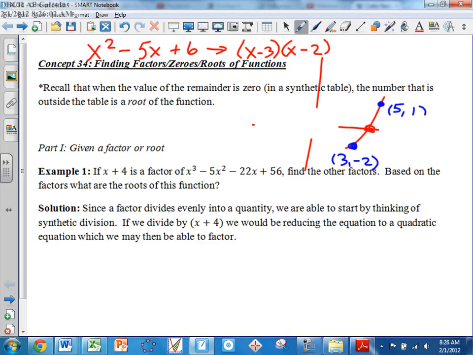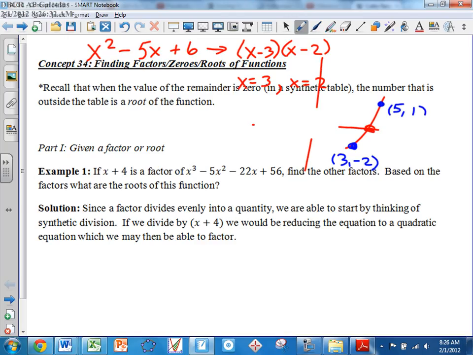Some of you got it. Again, those are the factors. The two numbers that multiply to give you 6 and add up to negative 5. Now, what are the roots, if these are the factors? 3 and 2. So the roots are 3 and 2. You have two roots here. Now, if you have the roots, again, if you have the roots, you also have the factors.